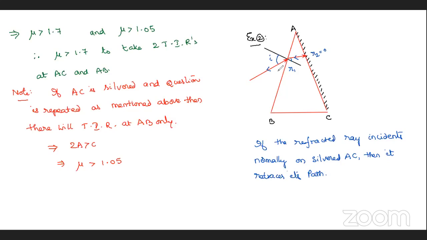Mu value. To find out I, not only mu, using Snell's law only we can calculate. Mu okkate saripodu. Sin R1. R1 is nothing but A. Correct? Sin I is equal to mu sin R1. Then here R1 is equals to A, means you require A also. And here using Snell's law, you can write it as 1 sin I is equal to mu sin A.